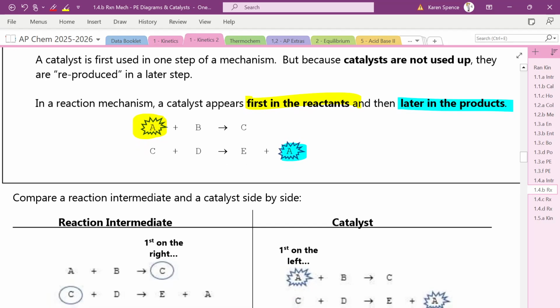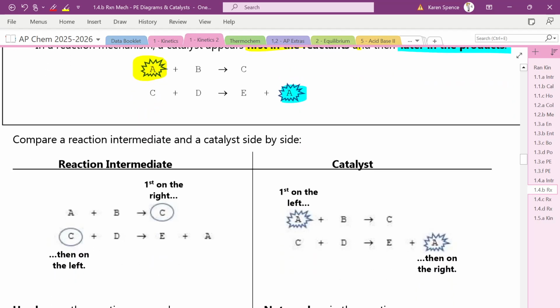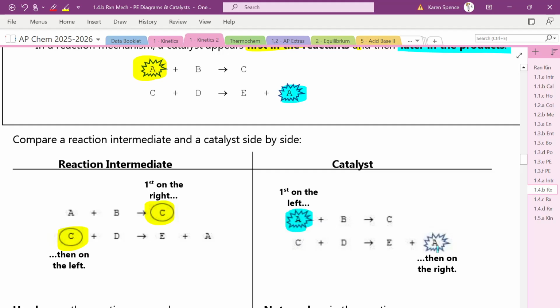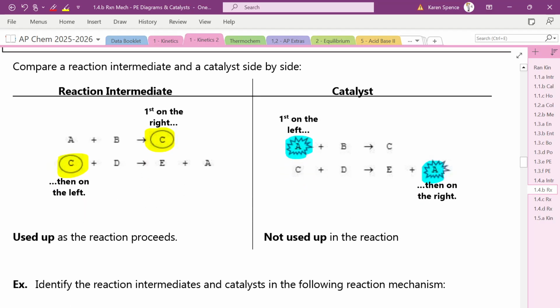If we look at them side by side, our reaction intermediate is first on the right, then on the left, whereas our catalyst is first on the left and then on the right. Reaction intermediates are used up as the reaction proceeds, whereas the catalyst is not used up because it gets reproduced somewhere later in the reaction, okay? It's not used up, it gets remade.